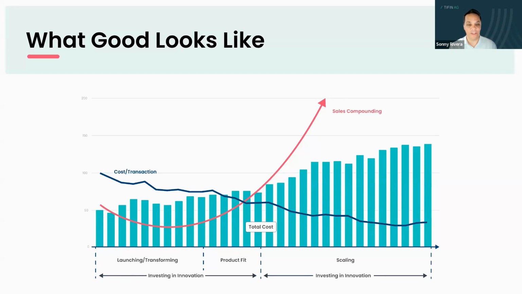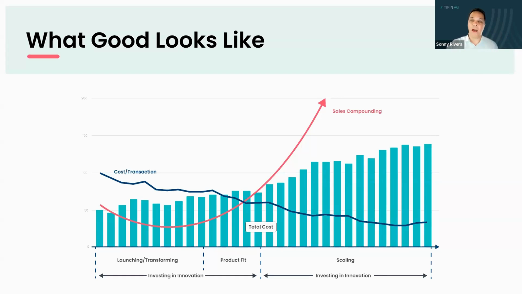This business unit is using it better and getting the most out of it. Then you start to see those KPIs associated with it, like sales or efficiencies going up. And as they do, as your sales go up and you've optimized your cost, you start to see that blue line where your cost per transaction goes down.